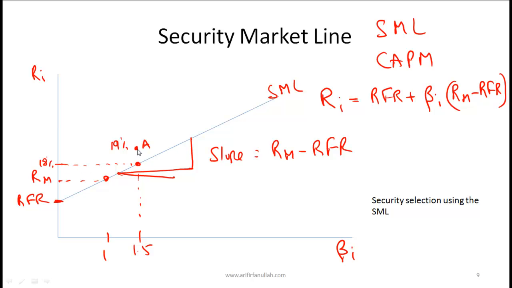Securities that plot above the security market line are undervalued. That means that we are expecting a higher return than what is required for that level of risk.